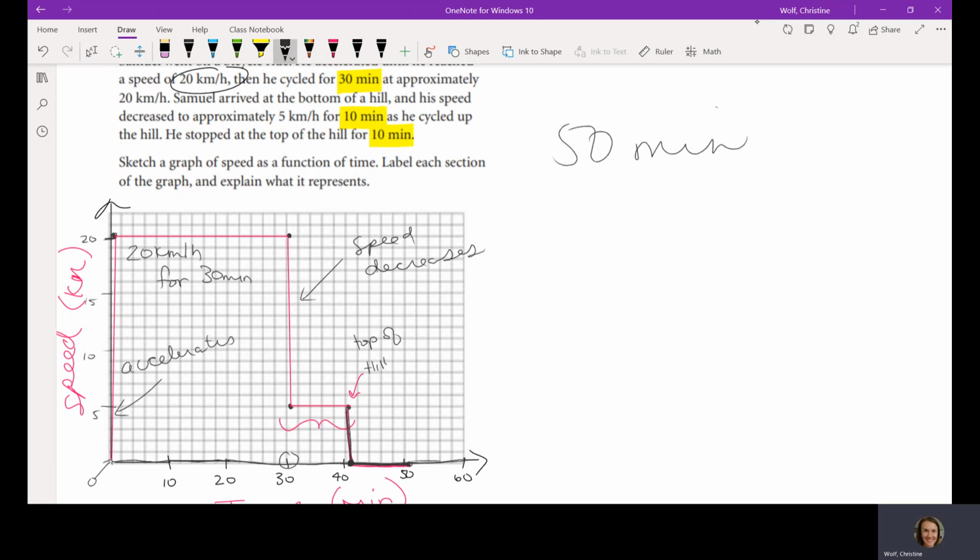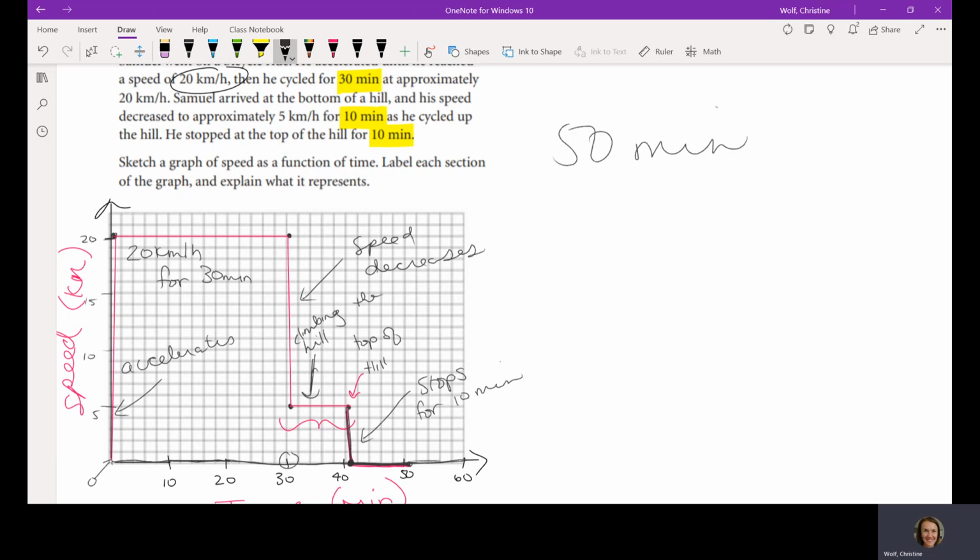And then this is where he's mounting the hill. I can't even read that word myself. What did I just write? We'll say climbing the hill. He's not really climbing because he's on a bike, but climbing the hill is right here. Then he's at the top of the hill, and then he slows down, stops for 10 minutes.